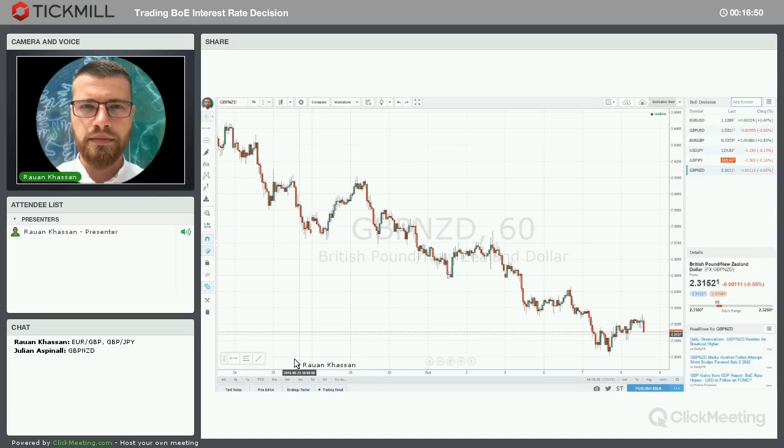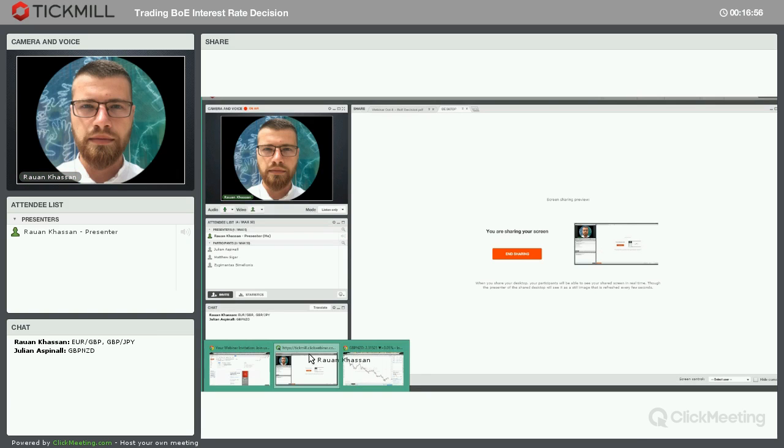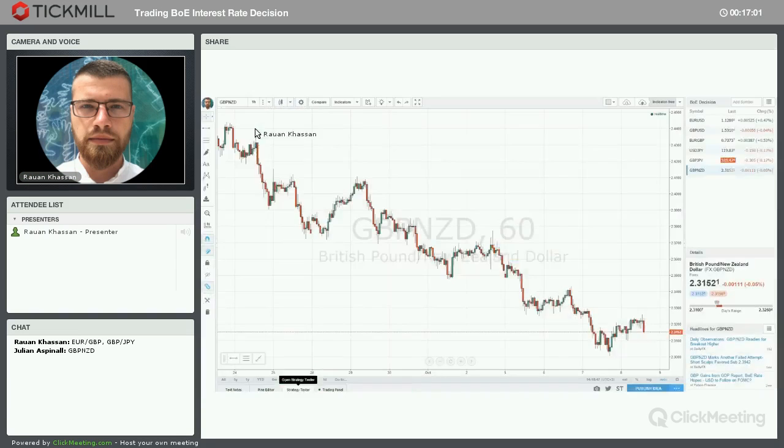Please, Julian, can you make a short follow-up on what you've actually traded recently using this currency pair? And we'll try to analyze it.